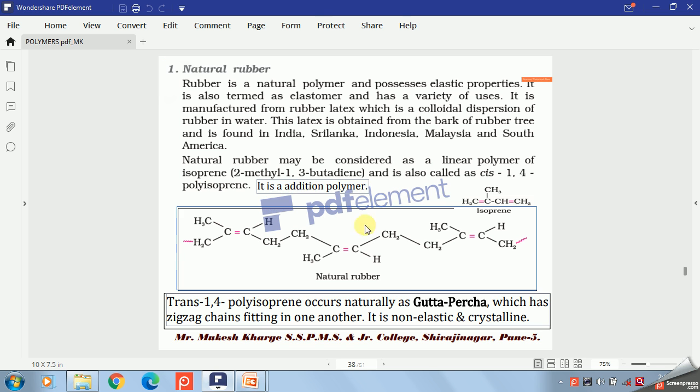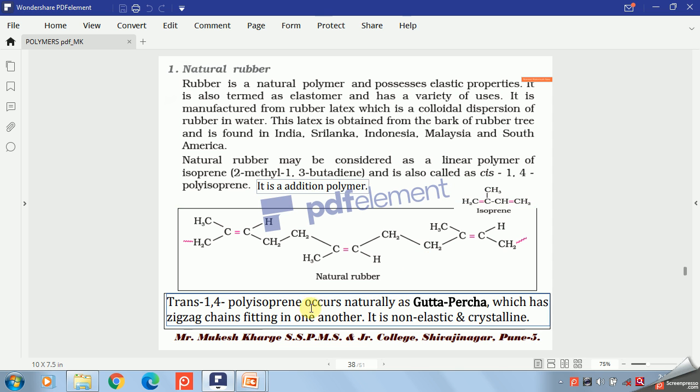Here also we can discuss how it is formed. When the CH2 carbon of the first molecule forms a bond with the CH2 carbon from the other end of the second molecule, the double bond between these two carbons shifts here. In this way the chain becomes elongated and we get natural rubber as a product.